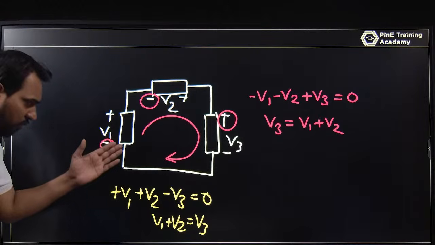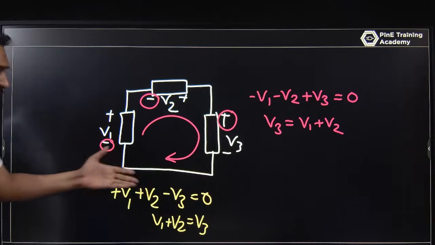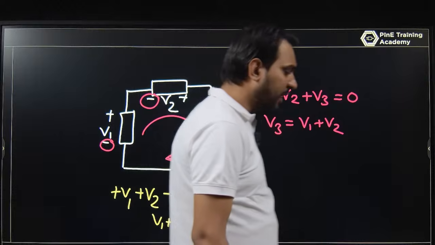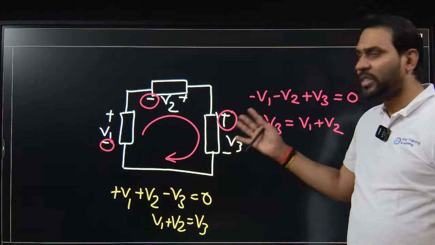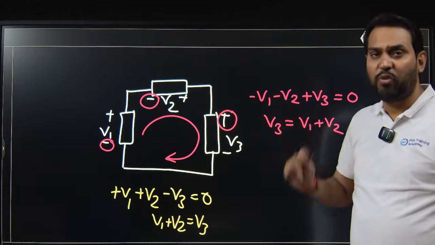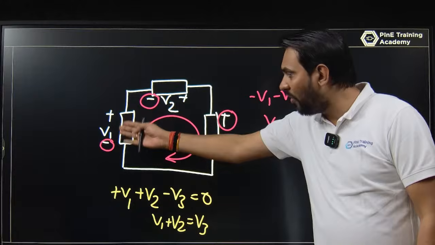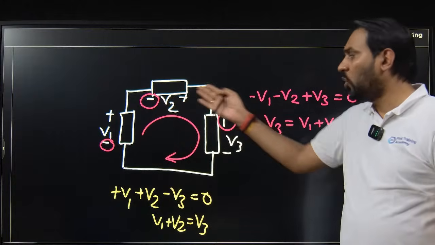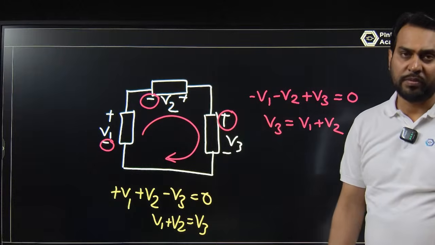So whichever way you use, the value is the same, there are no changes here. This is the way you can apply Kirchhoff's voltage law. If you know V1 and V2, you can determine V3. If you have V1 and V3, you can determine V2. If you have V3 and V2, you can determine V1.